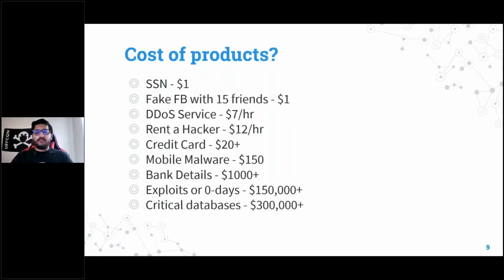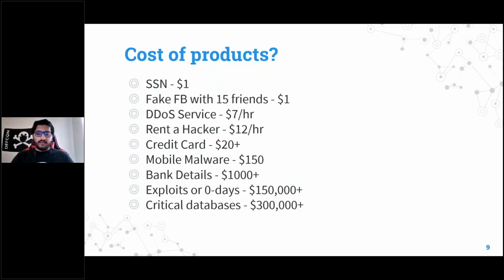Now coming to the point of why it's important. As you can see, it's really easy to get these things on the dark web. For example, you can get an SSN for $1, and a credit card is like $20 plus. That's why researchers are focusing more on the dark web.